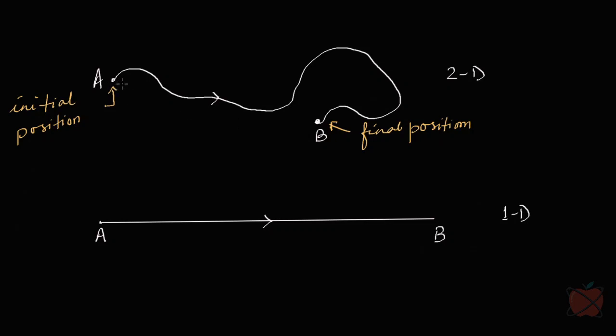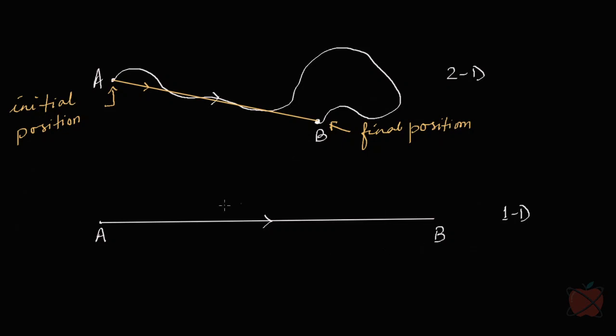From this position A, it has shifted to position B. So what will be the displacement of the body? The displacement of the body is simply a line joining the two positions, that means a line joining the initial position and the final position. So we just take a line from point A to point B, in that direction. This line AB will simply give us the displacement of the body.